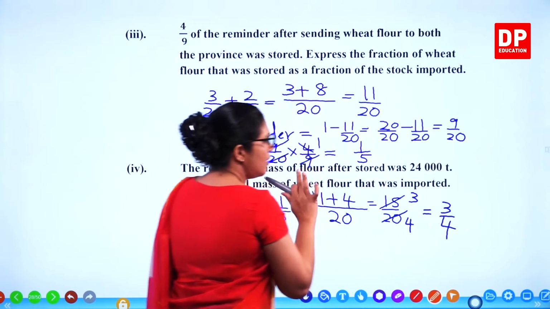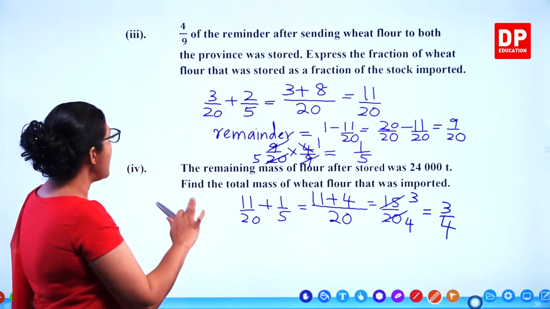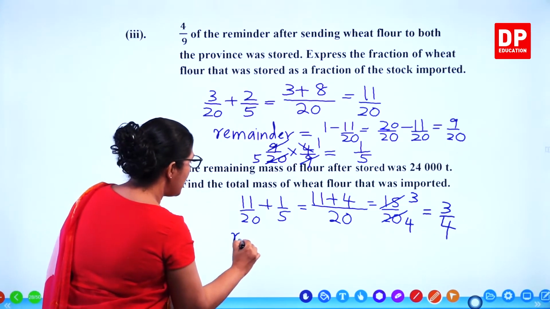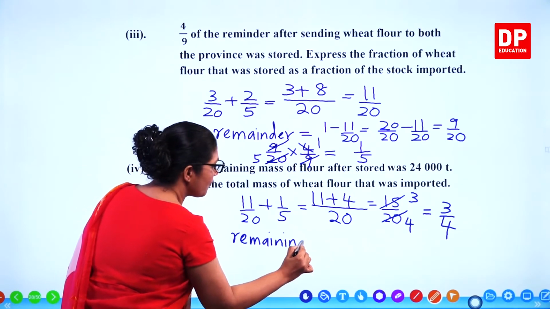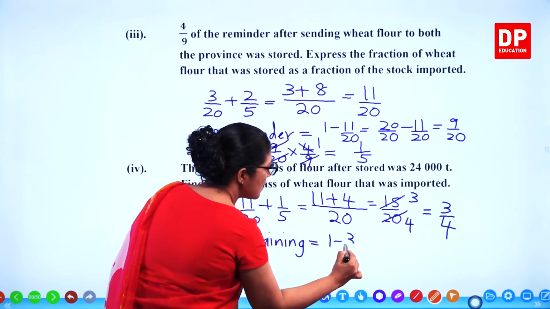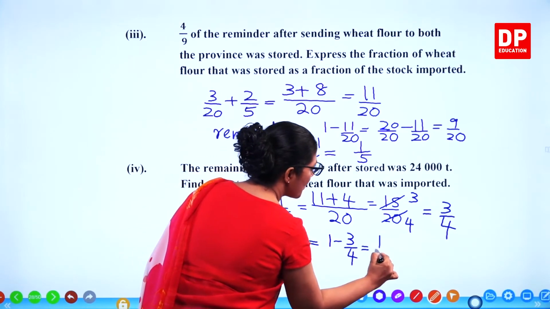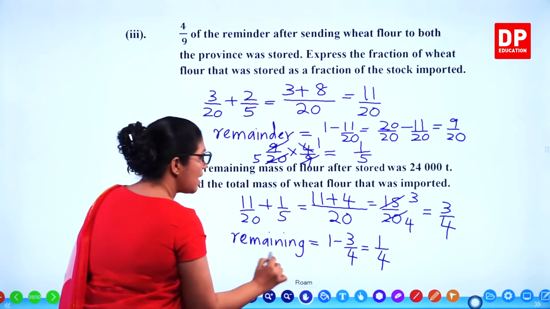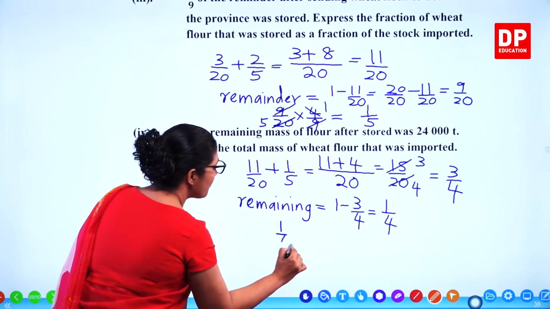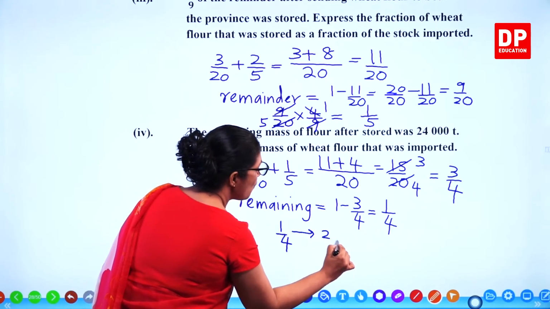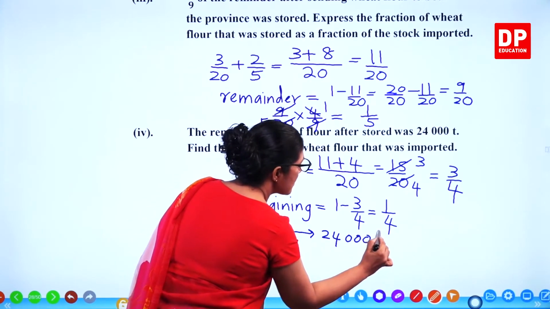So 3/4 is now used. What's the remaining again? 1 minus 3/4, that's 1/4 remaining. 1/4 is equal to 24,000 tons.